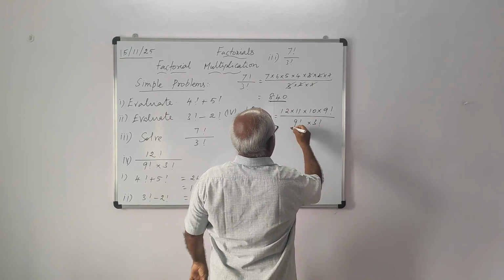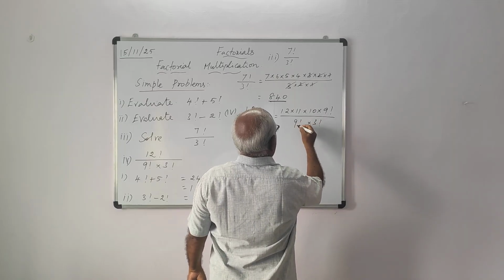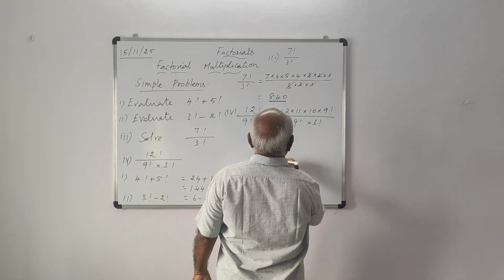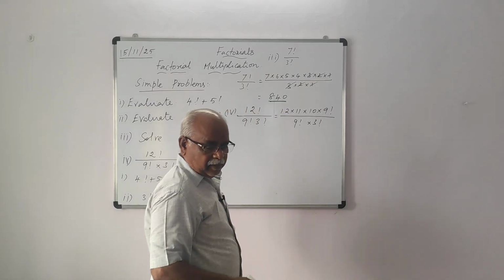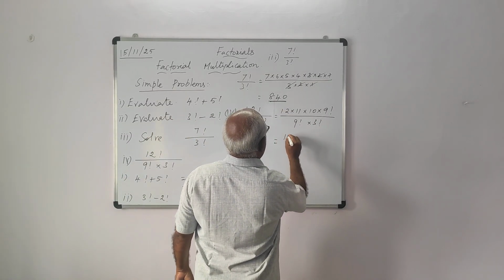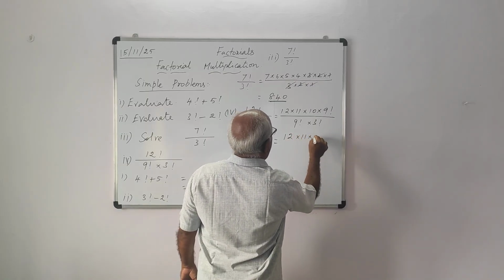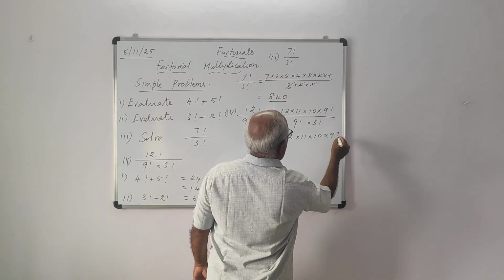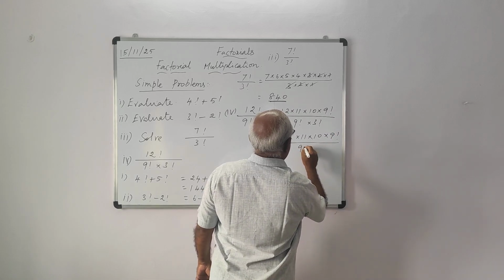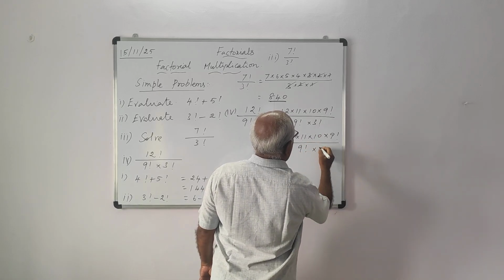In this case, 9 factorial is cancelled in both the numerator and denominator, and 3 factorial is 6. So in the second case, it is 12 into 11 into 10 into 9 factorial by 9 factorial into 6.